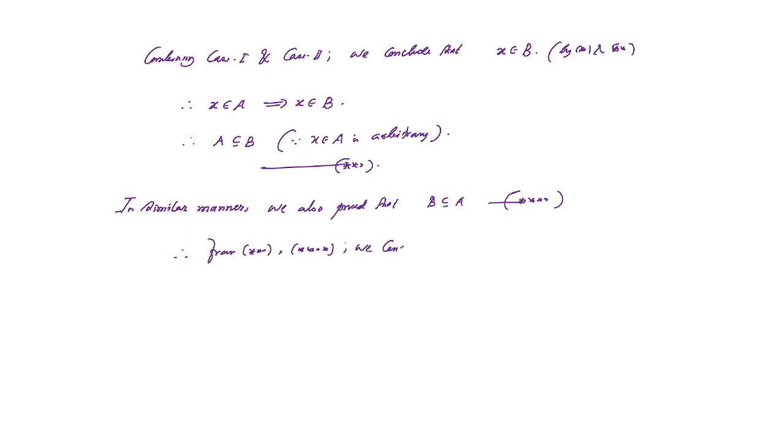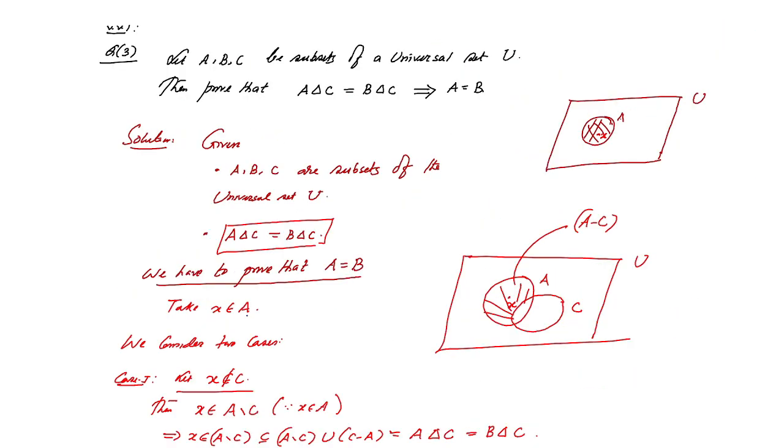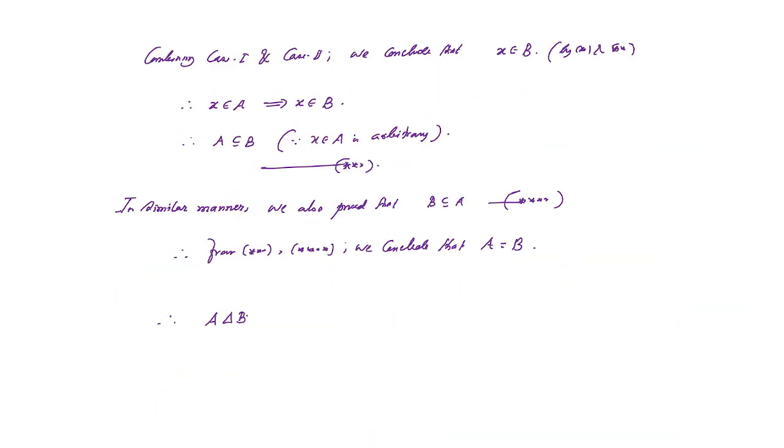We conclude that A equals B. So our conclusion is: if the symmetric difference of A and C equals the symmetric difference of B and C, that implies A equals B. So here the proof is done.